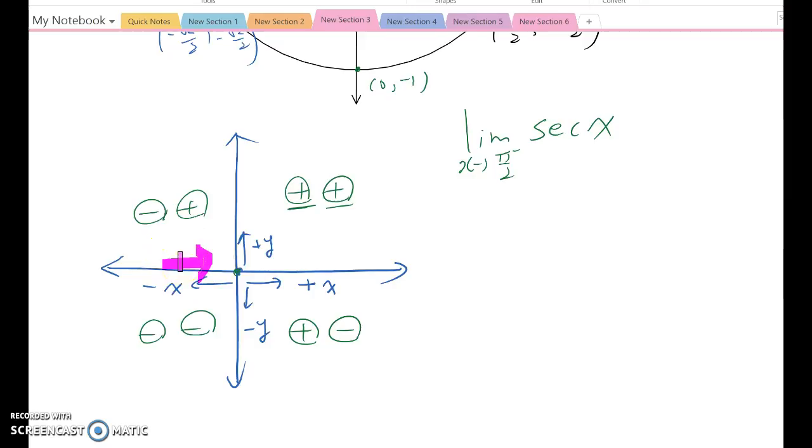Good. Because we know at pi over 2 secant x has a vertical asymptote, we can assume the one-sided limit is going to be either positive infinity or negative infinity. And now just find the sign: plus over minus, which is minus, right? Therefore this limit becomes negative infinity.